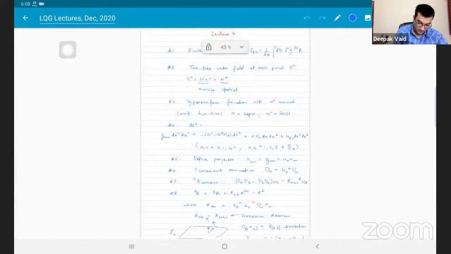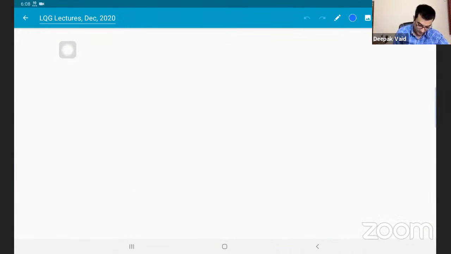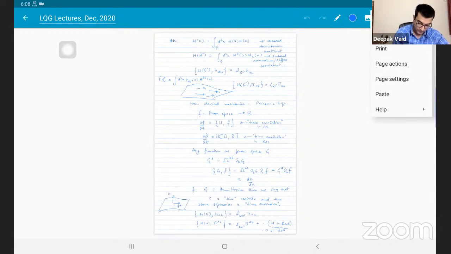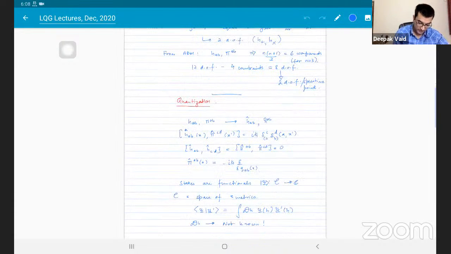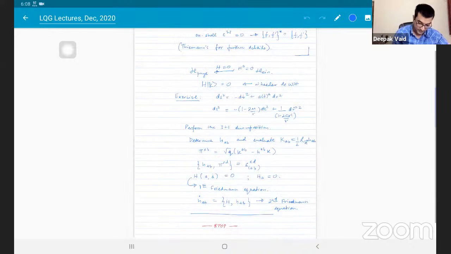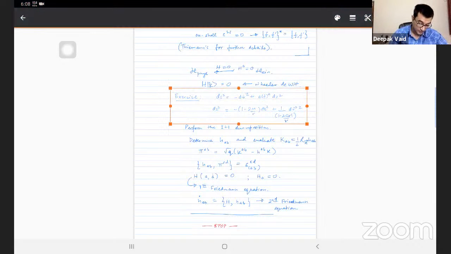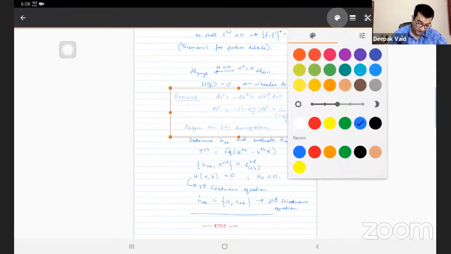I went over the whole ADM quantization procedure, explained the concepts of constraint, what the constraints do, and we briefly talked about the quantization procedure. And then I suggested the exercise, which is about performing this quantization for FLRW or the ADM splitting. I think this is a very nice exercise. If anybody wants to get a handle on the ADM formulation and also the Wheeler-DeWitt equation and so on, this is a very useful exercise to do. I'll put this in red.